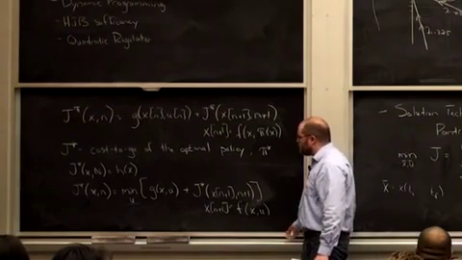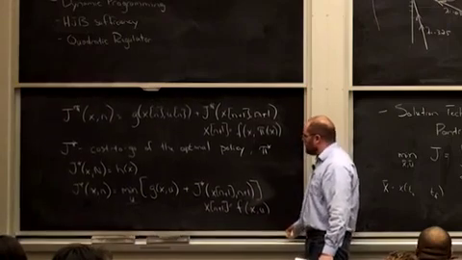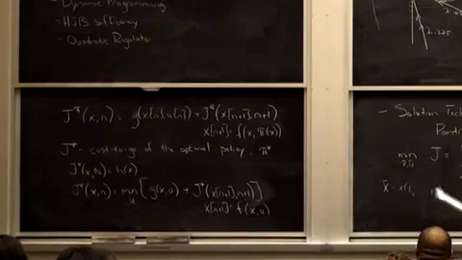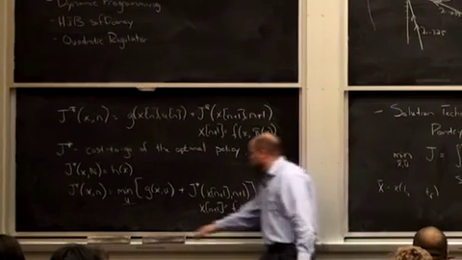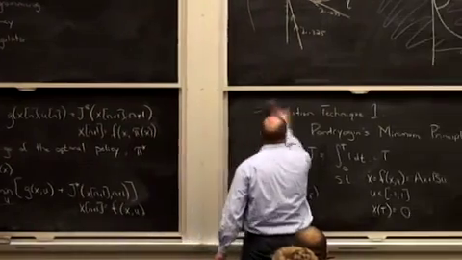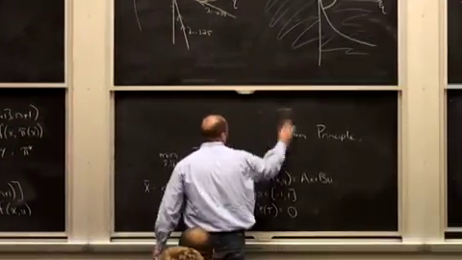Okay, good. So we got a recursive form of this cost to go function that we exploited with the additive form. And now the optimal policy comes straight out.